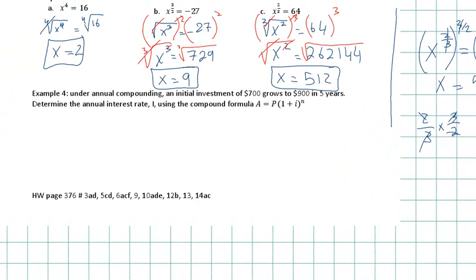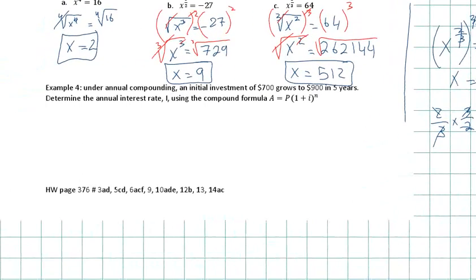Let's start with the $700. Out of A, P, I, and N, P is your initial investment. P means principal, and principal is your initial investment.